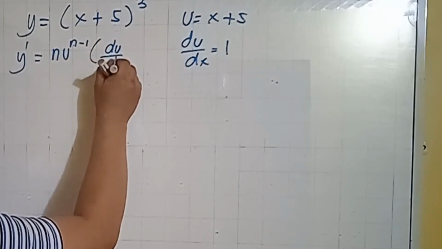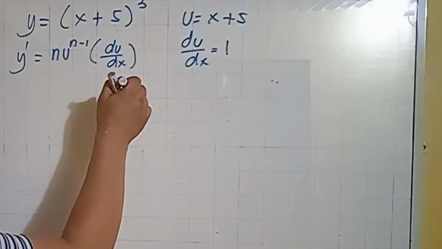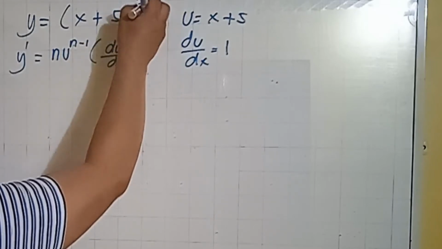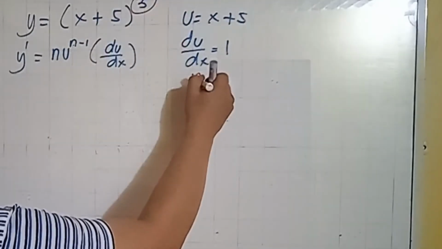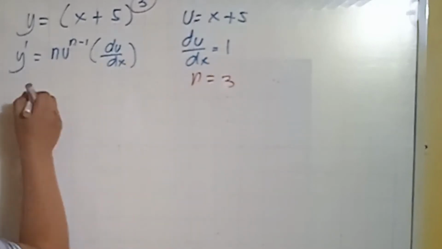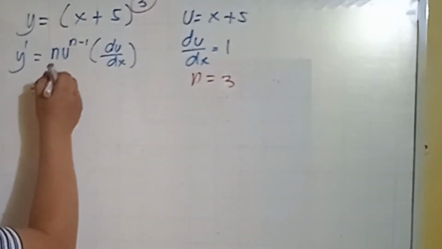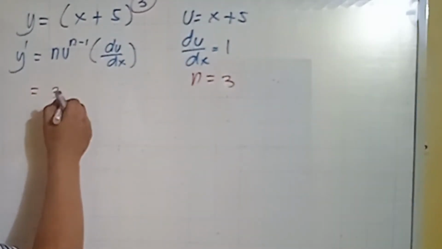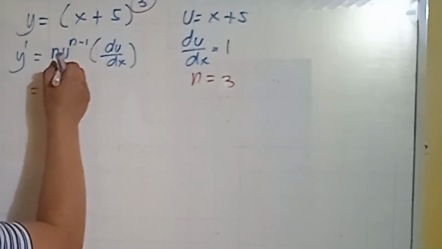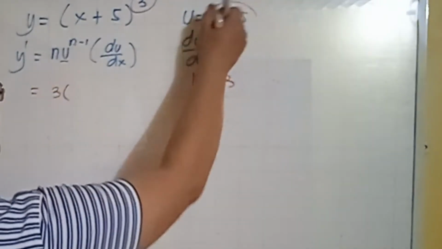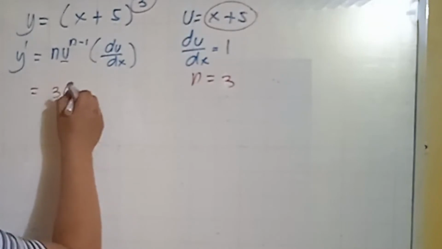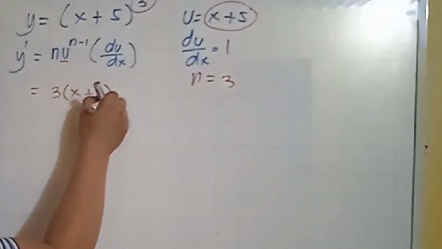du over dx. So in this case, yung ating n is equals to 3. So let's substitute. N is 3. And u is equals to x plus 5. X plus 5.